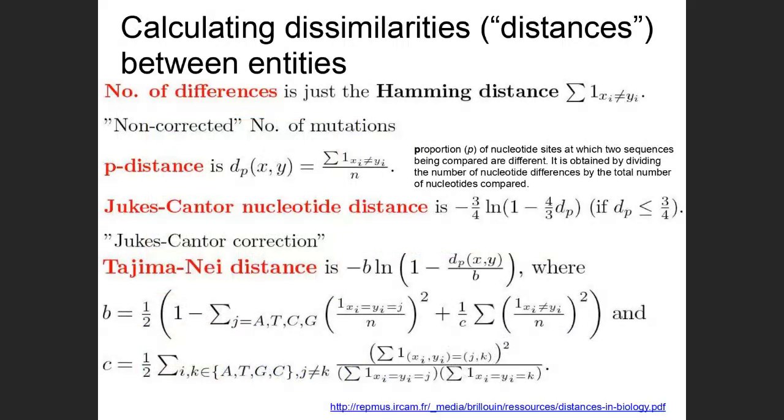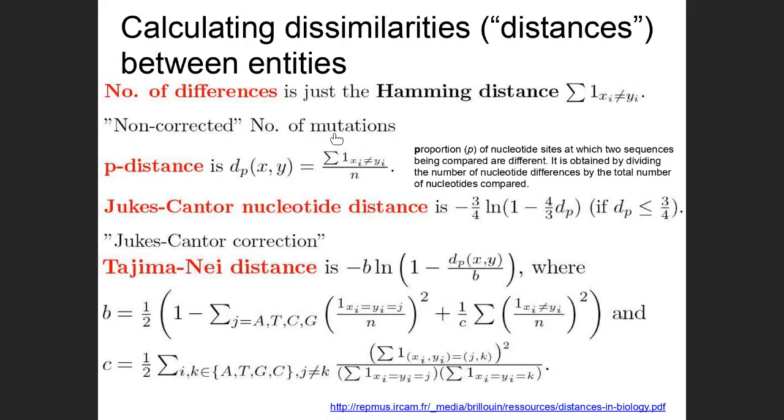All right, this is the slide that I told you we're going to go over. So this part is easy. The Hamming distance is just the count. So here are the different ways of calculating distance. The Hamming distance is the count. You align things, and then you say how many amino acids or nucleotides are different. So it's also called the non-corrected number of mutations.